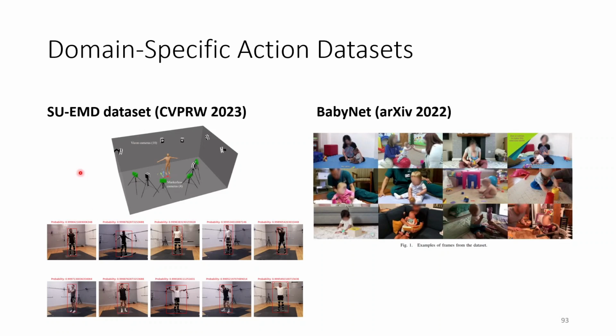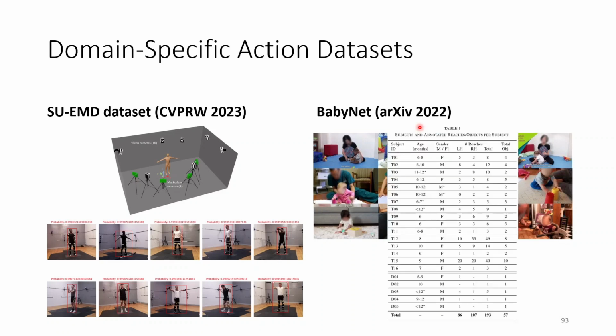The SUEND dataset has 10 actions in gymnastics, the square, and something else. It is very new. And the BabyNet, it was an arXiv paper, and let me show the statistics. The data is very small. There are only 193 clips, and there are only two actions defined in the data.